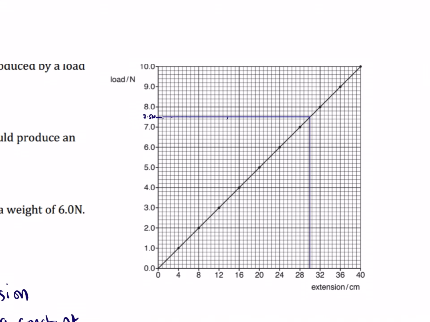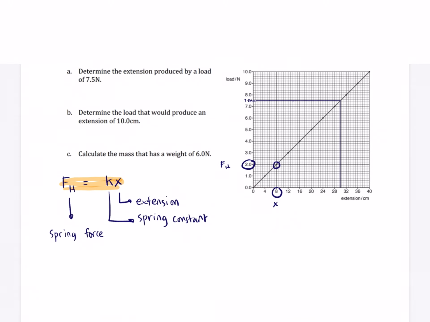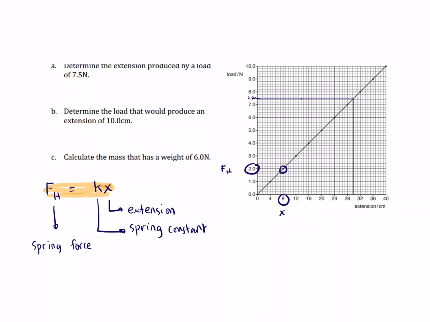For example, we could use this value right here. So when the load is equal to 2 newtons, so this is our FH, we have an extension of 8 centimeters. So let's try that out to solve for K. So when the load is 2.0 newtons, our extension is equal to 8 centimeters.